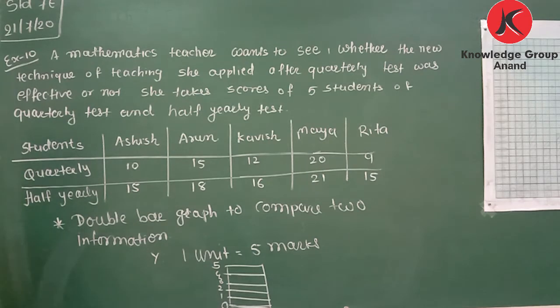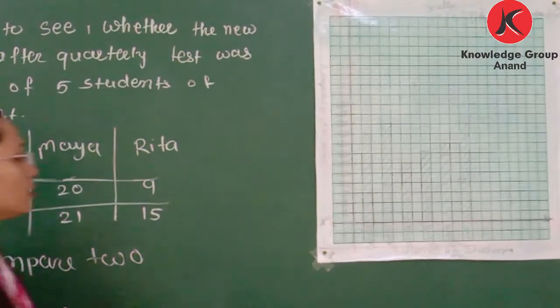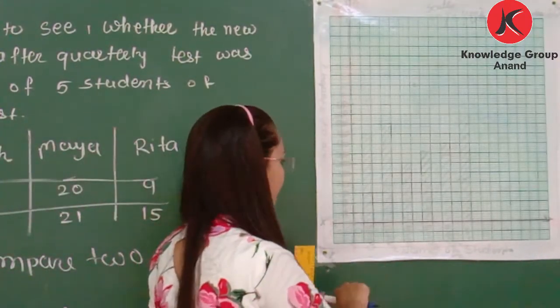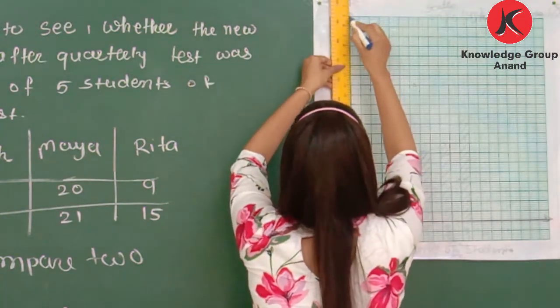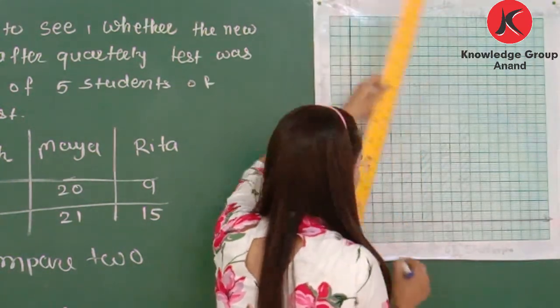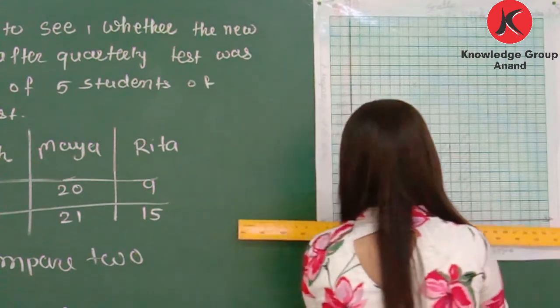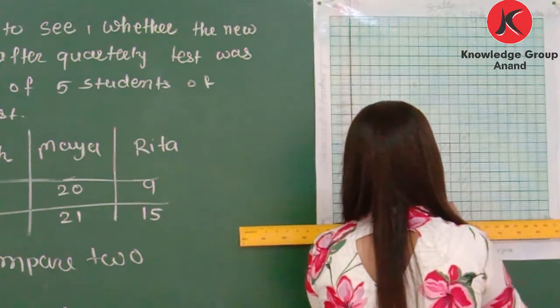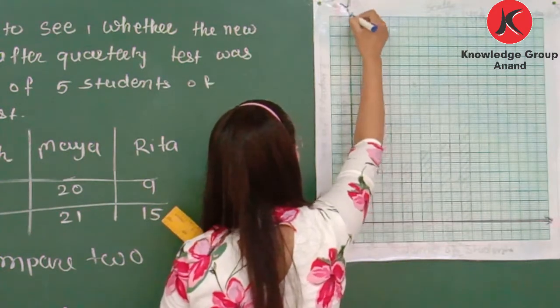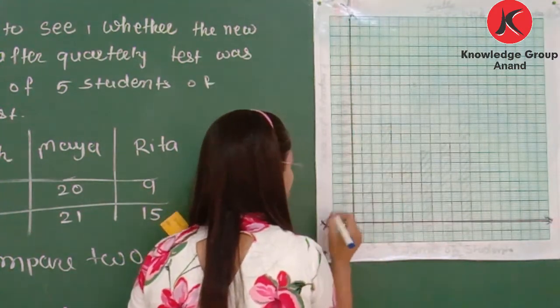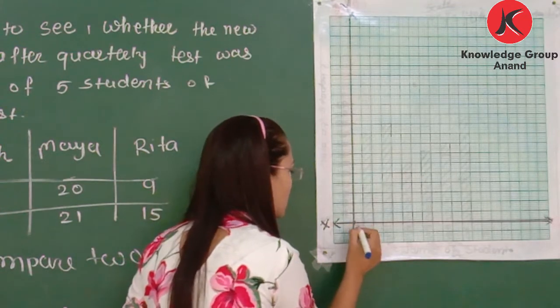So now let's draw a double bar graph. Now here let's take a vertical line and a horizontal line. This vertical line is our y-axis and the horizontal line is the x-axis, origin is 0.